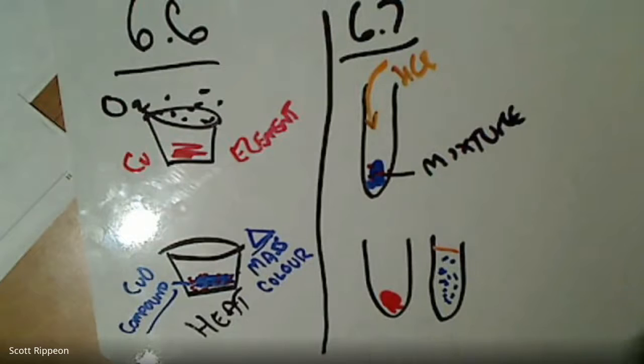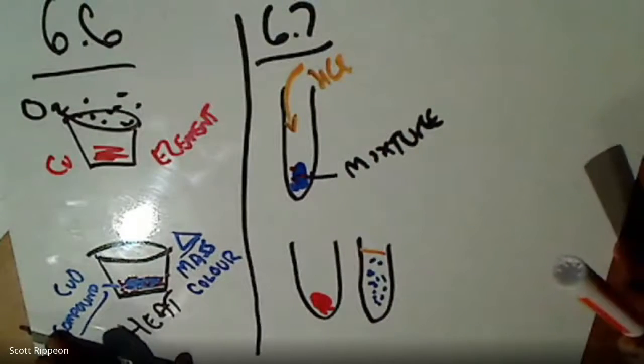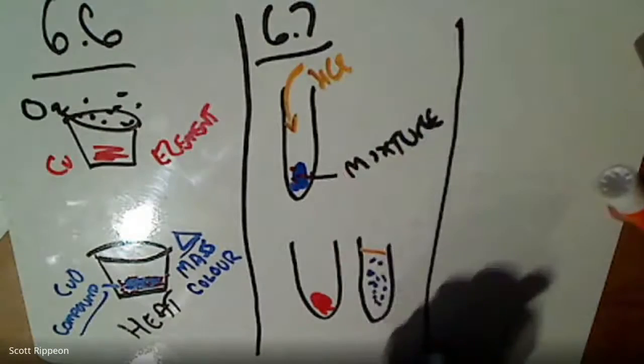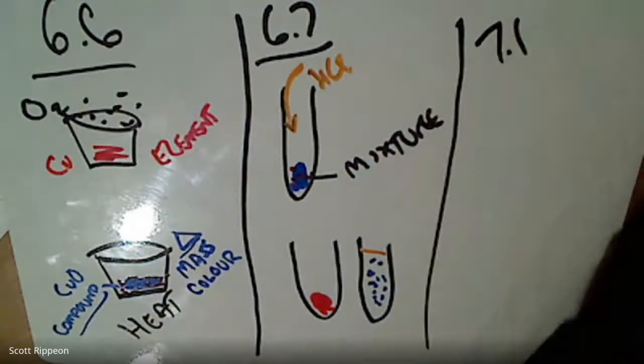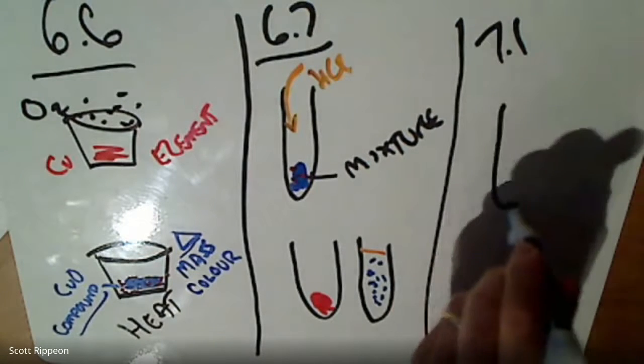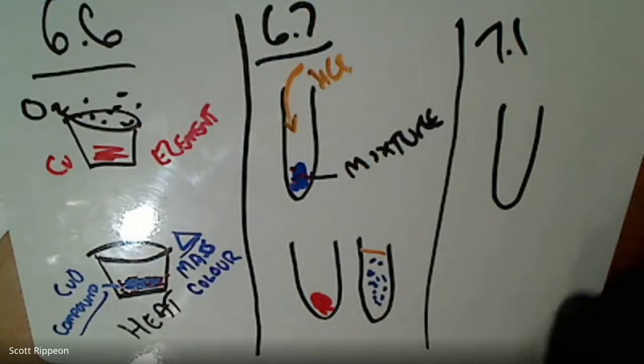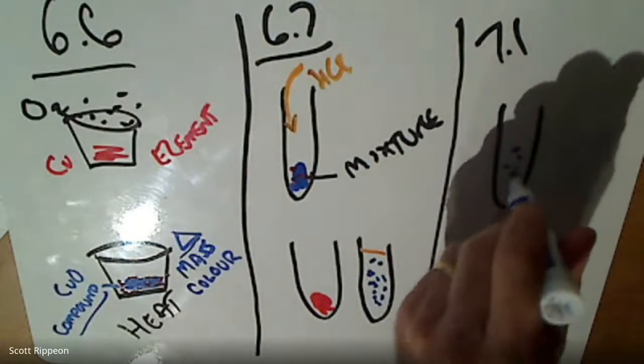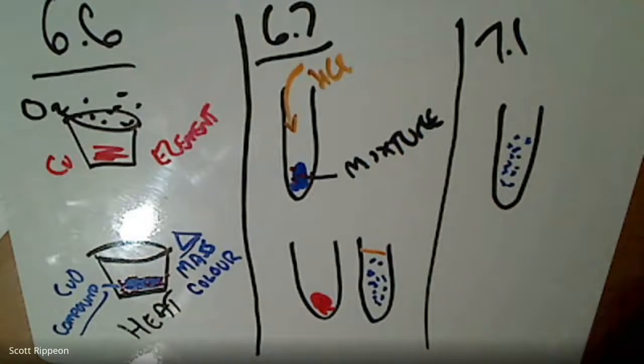Now, the last lab, 7.1, we went back to doing chemistry. Now, here's where it gets a little weird. What we did was we went back to the mixture, the solution of hydrochloric acid and the copper oxide.